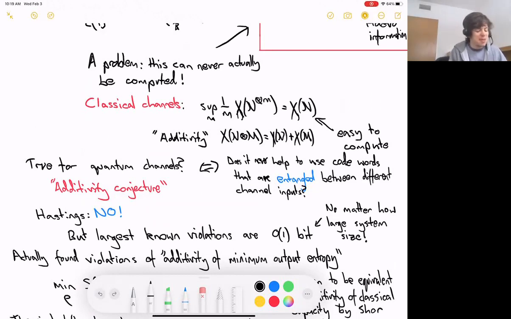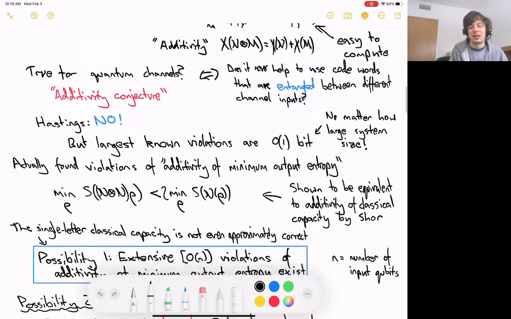So this is maximally unsatisfactory, right? The simple story that it's all easy and you only need to think about one channel use is wrong. Multiple channel uses can help, but they don't help in any significant way. You just get a tiny marginal benefit sometimes in some random constructions.